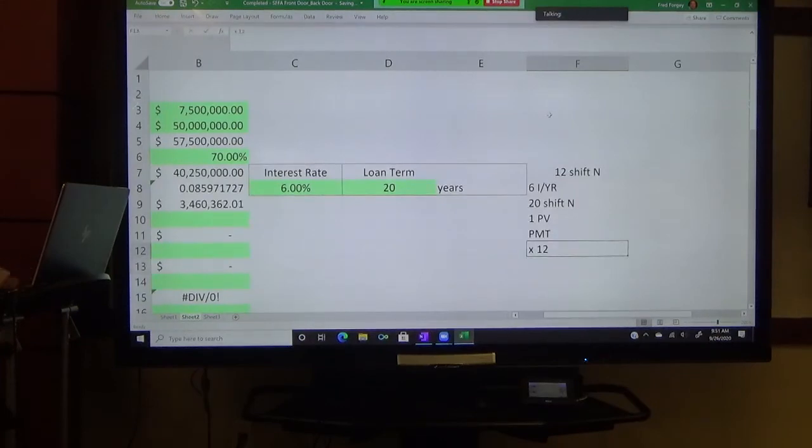Okay. So what you're going to do is put in 12 shift N, 6% interest rate, 20 shift N for your term, and $1 as your present value. Calculate the payment. That's going to give you the monthly mortgage constant, but we need the annual. So we're going to multiply that by 12. Let's just see what we get.